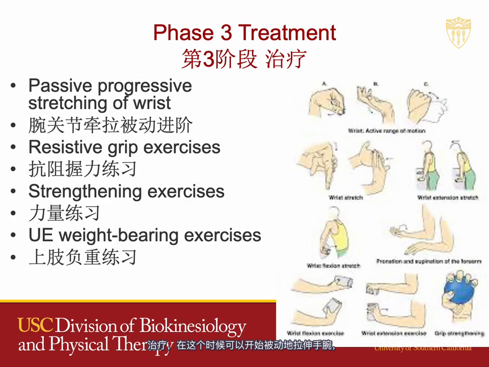So our treatment is going to be, you can start actually doing passive stretching of the wrist at this point. Remember, we've talked about how active range of motion and even passive range of motion is a lot less intense. It's definitely going to cause less irritability than passive stretching.